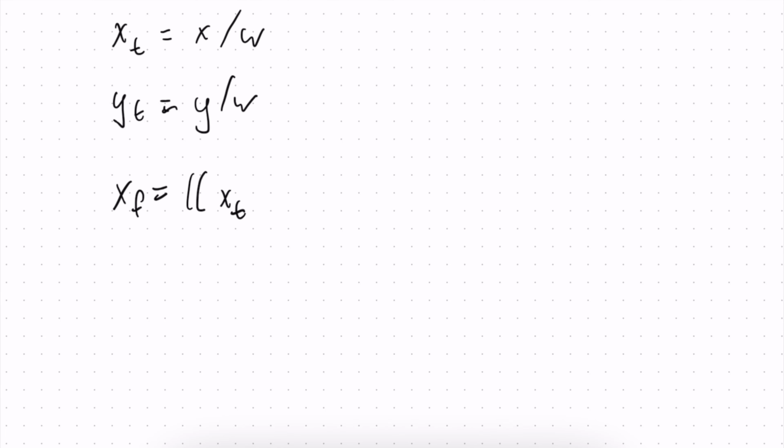So what we're going to do is create a temporary x, which is x divided by w, and a temporary y, which is y divided by w. Then the final version of x that we're going to actually use to project back is going to be the temporary x plus 1, divided by 2, times the width of our canvas.